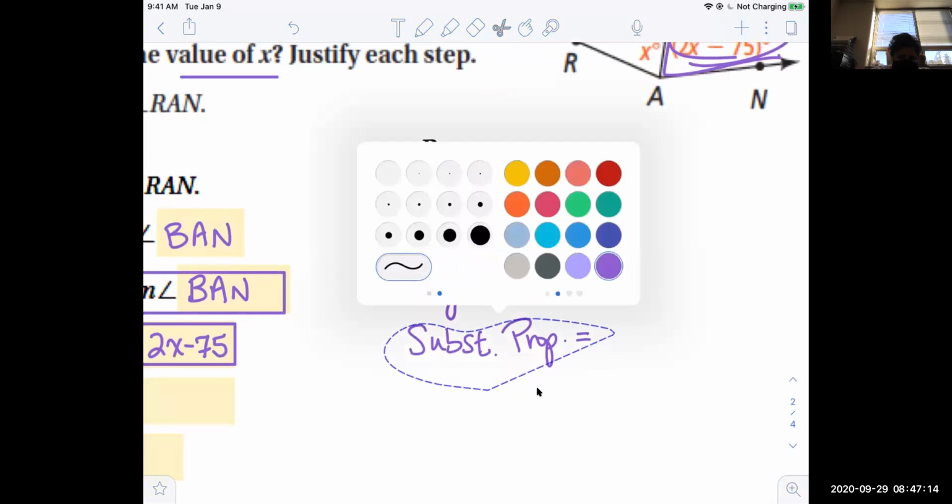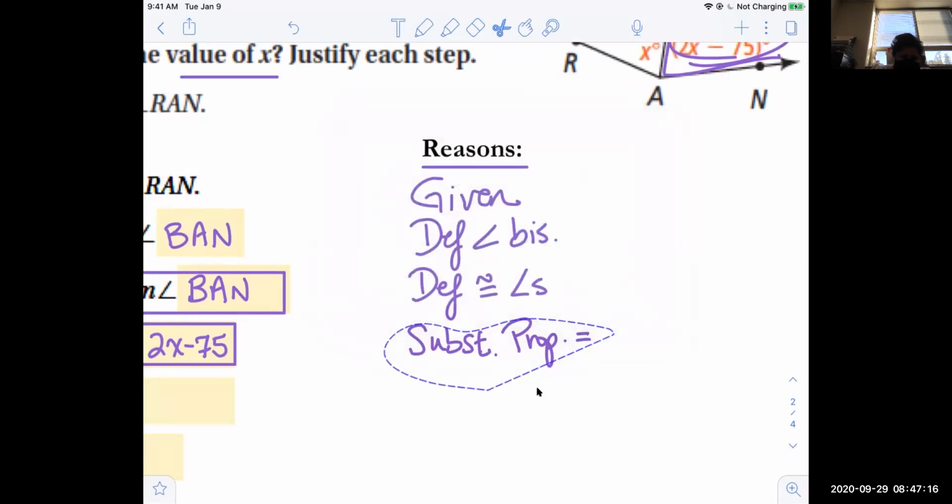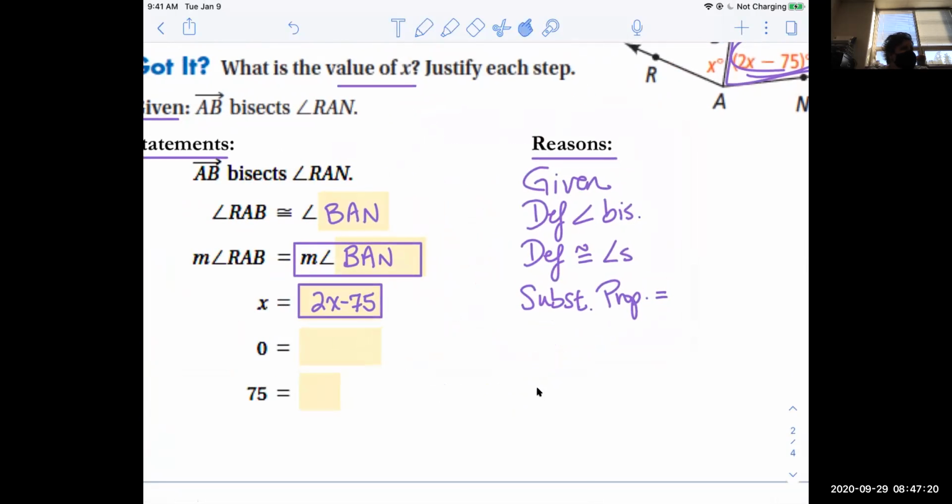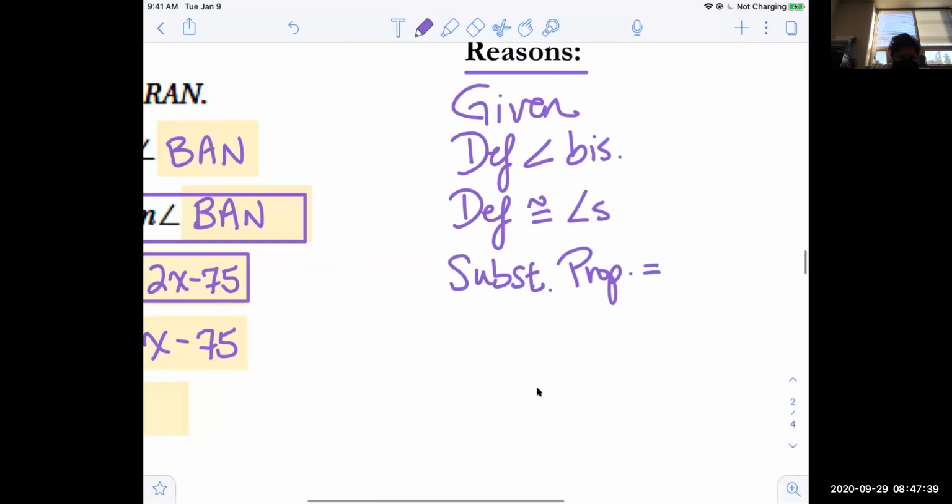Usually I give you dividers to keep things lined up a little better. Okay, now the next step is saying 0 equals. What would you have done to get that? Subtraction. What did you subtract? Subtracted x from both sides.